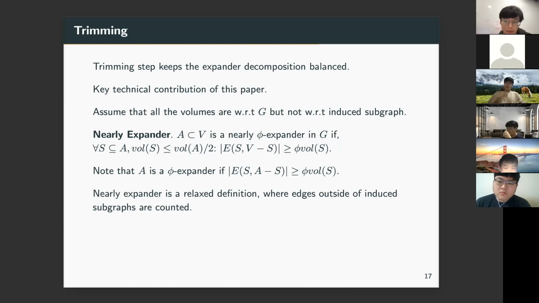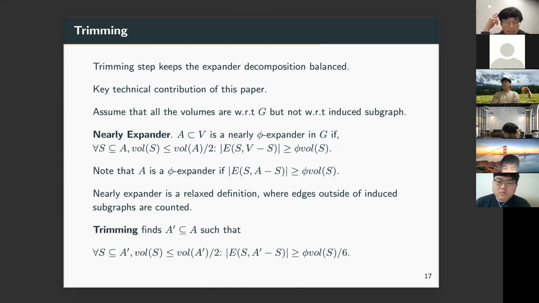But here you use the global edges that go outside A. Note that A is a pi expander when the cut size is measured not in V but in A. So a Nearly expander is a relaxed definition where edges outside the induced subgraph are counted.